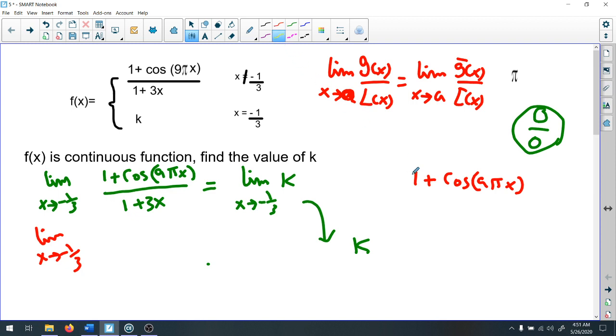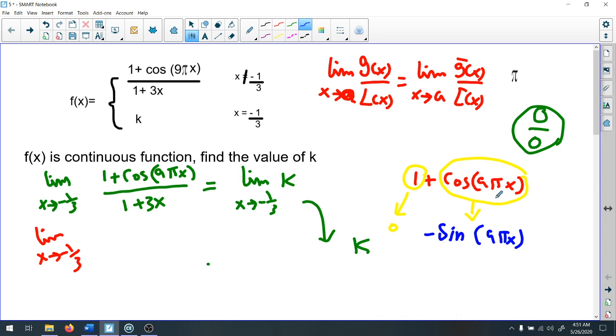Okay, the derivative of 1 will be 0. And now the derivative of cosine, as you know, will be negative sine, negative sine of 9 pi x. We finished the leading function cosine.